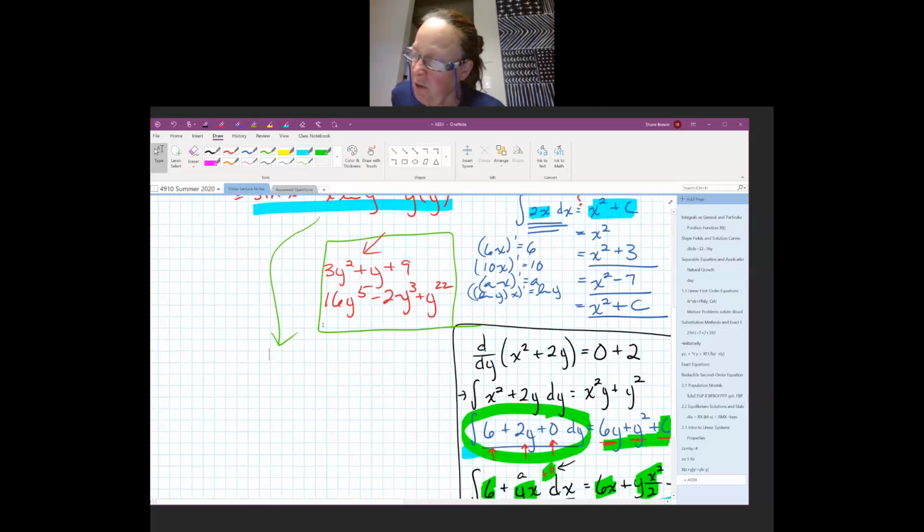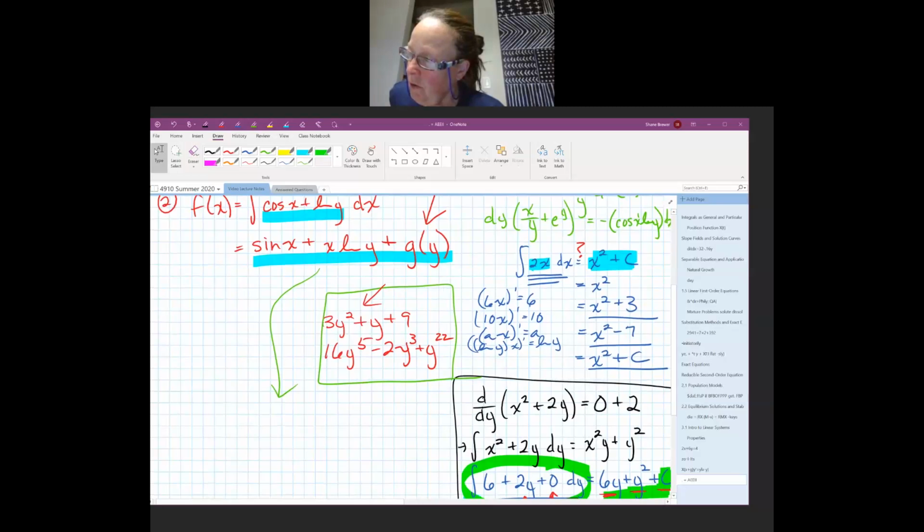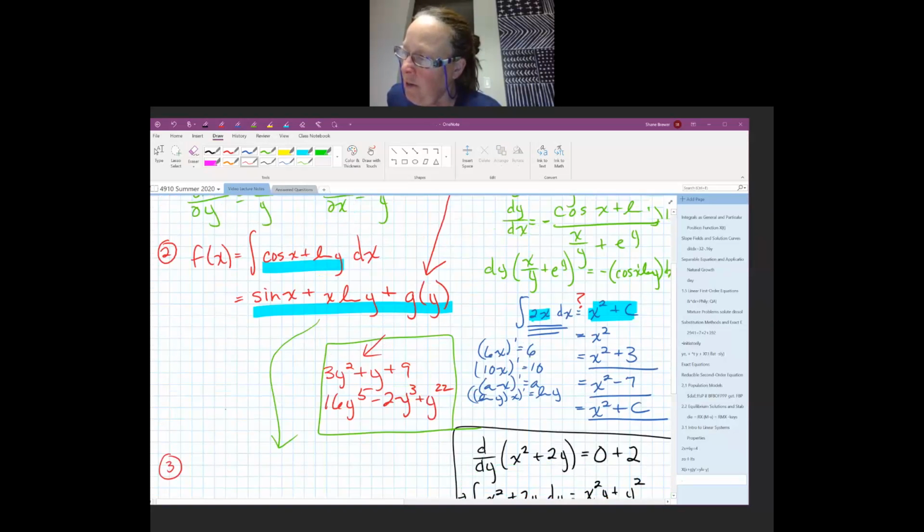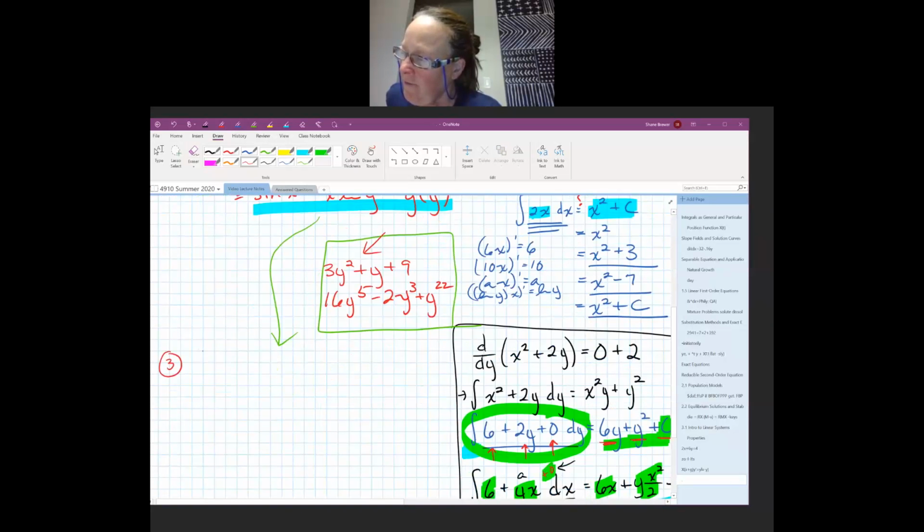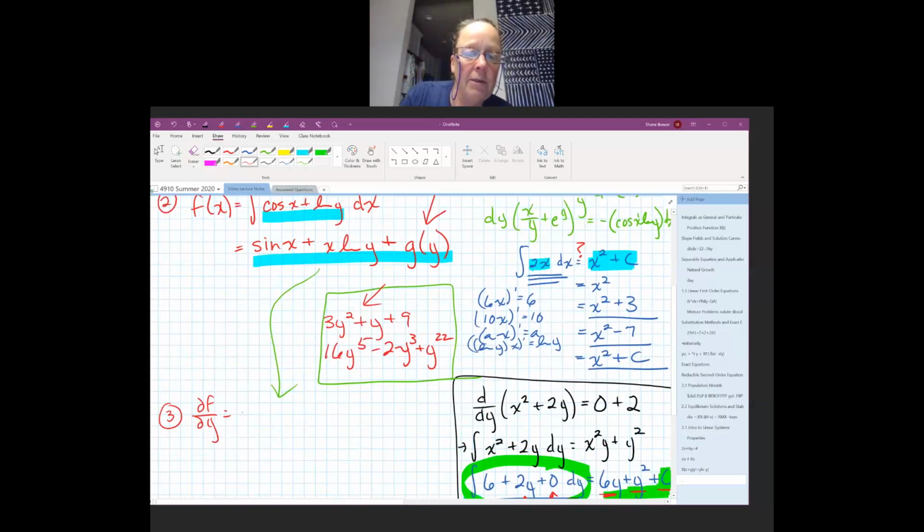And I got sine x would go to 0. The x times the natural log of y would go to 1 divided by y. And the derivative of g of y would go to g prime of y.